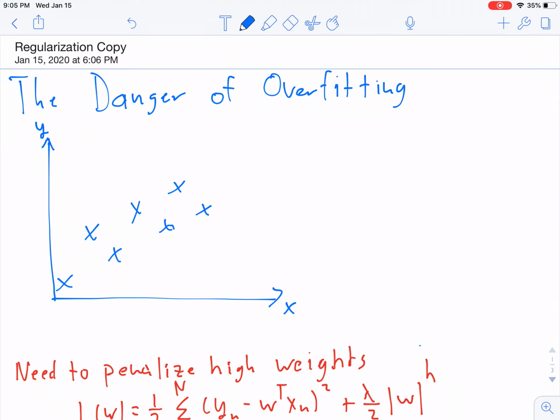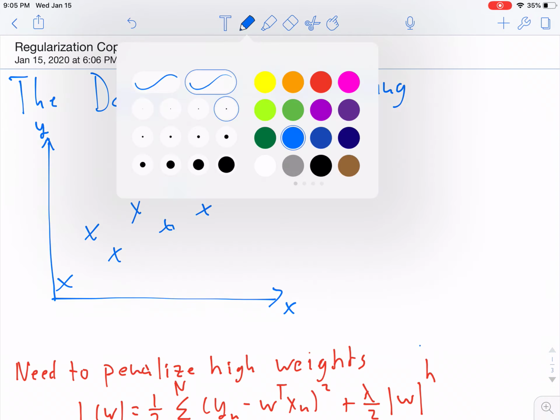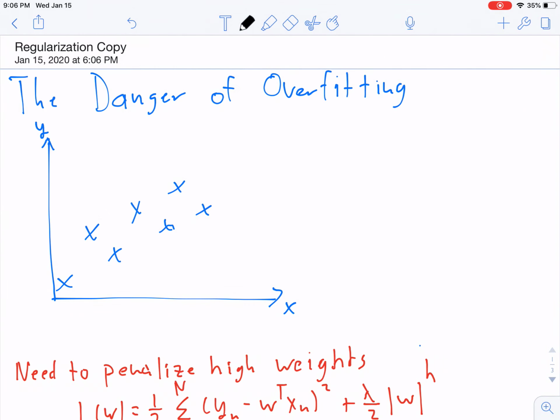So if we were just trying to do a linear fit, just like the linear regression that we discussed previously, we might have some sort of fit that looks kind of like this, and that will work out pretty well.